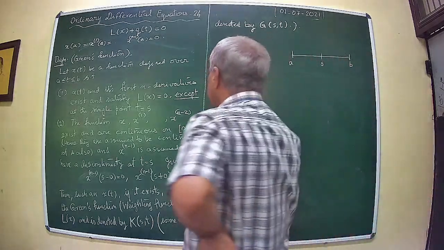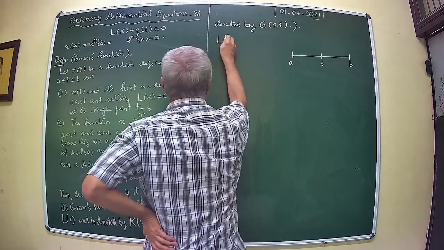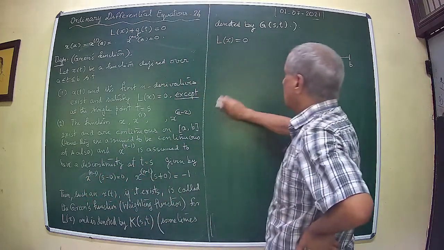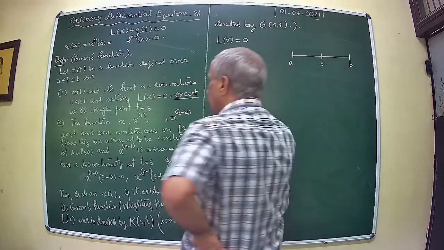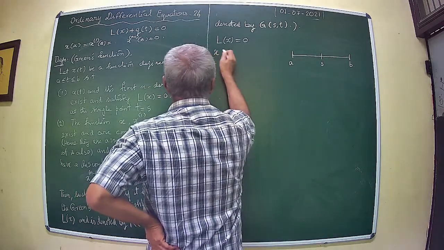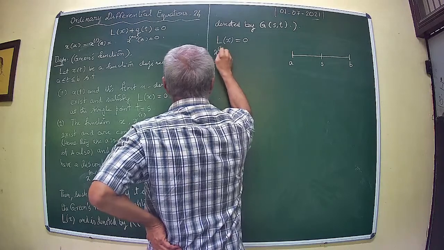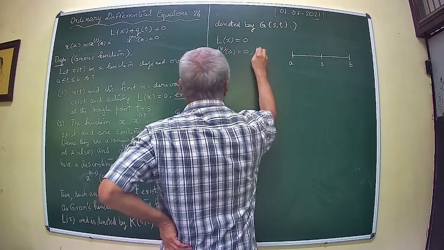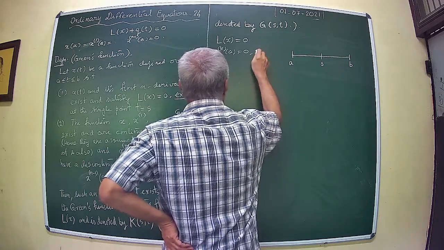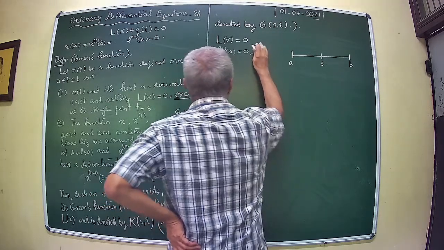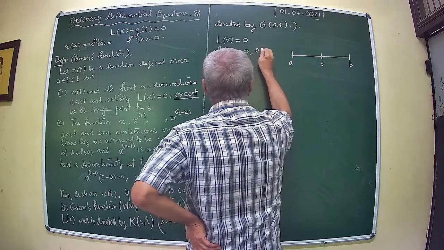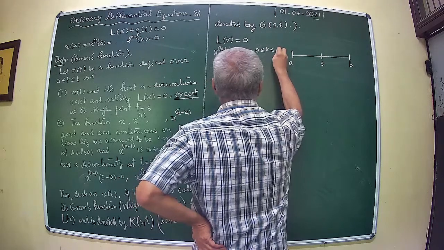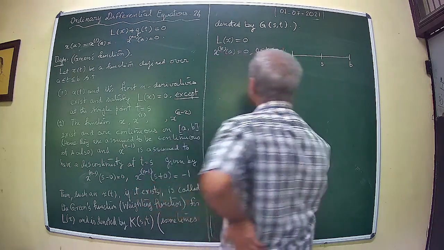Now what we assume is that you have the equation Lx equal to 0 with the initial data up to n minus 1.